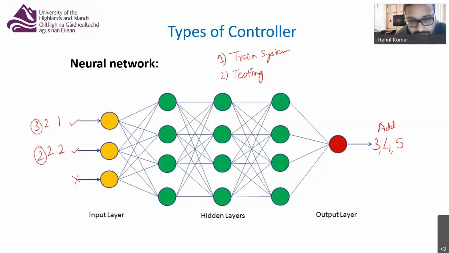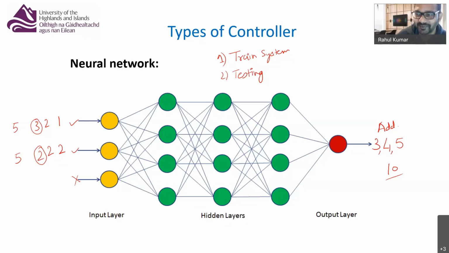If I give, let's say, 5 and 5, the system knows that if it gets two numbers, it has to add them, so it will produce an output of 10. This is a very simple example. Obviously, you do not use a neural network for developing a calculator or for addition. It is used for several high-end operations.